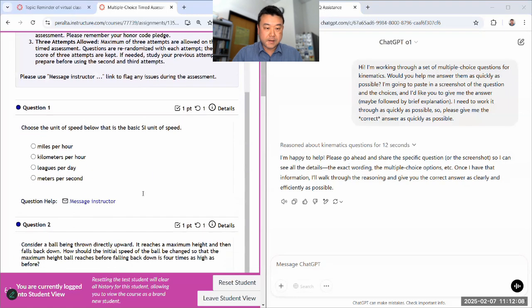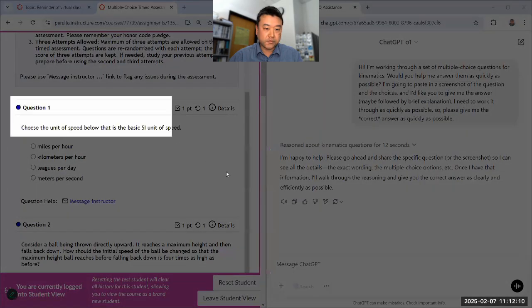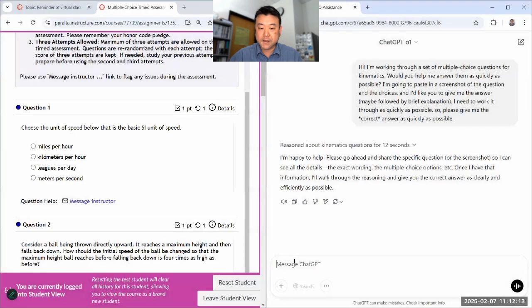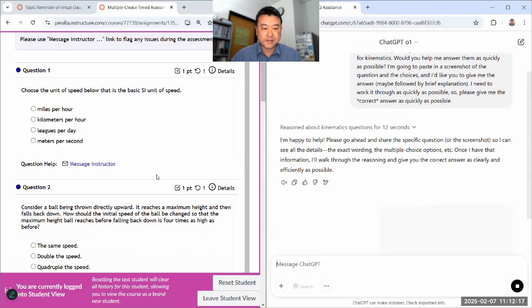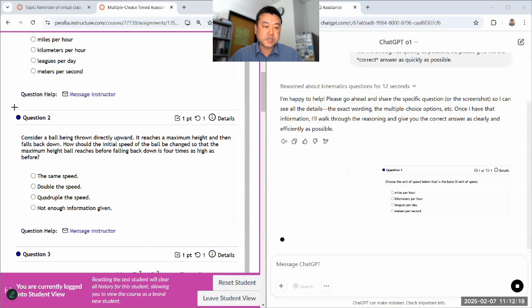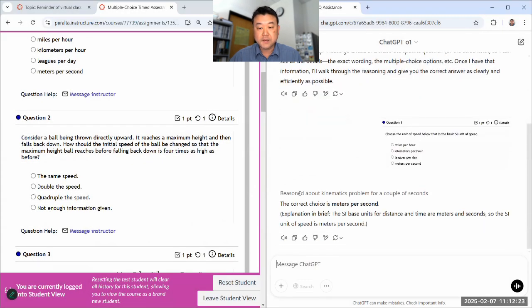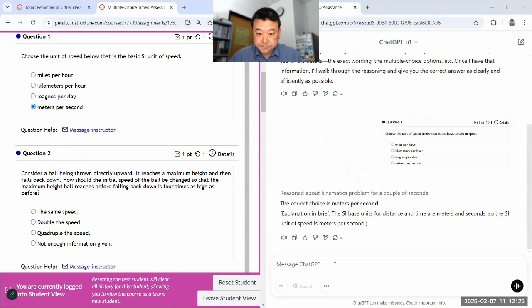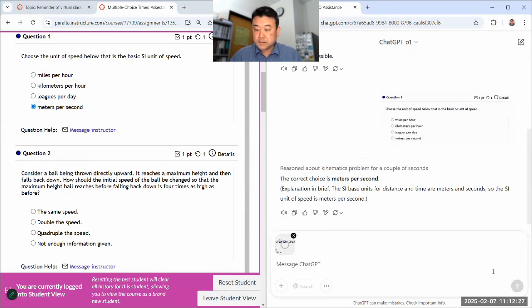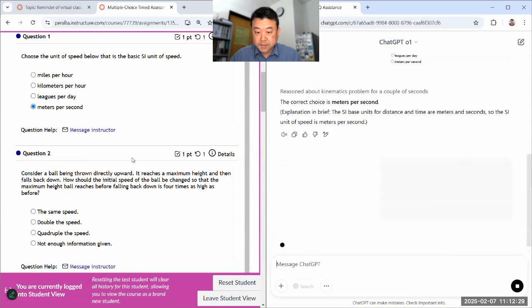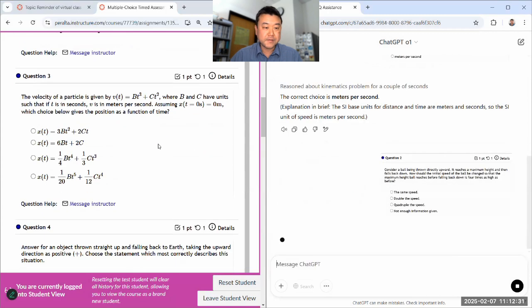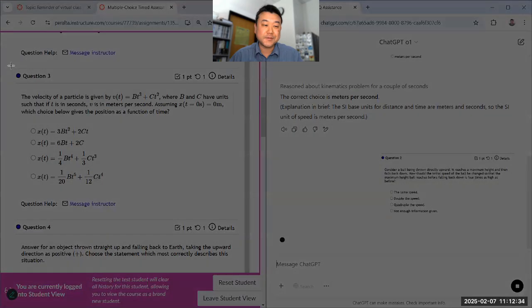All right. And just to be clear, during this, I'm basically turning my physics brain off. So I'm not really thinking about whether ChatGPT's answer is correct or not. I'm just focusing on copying and pasting, and doing this as quickly as possible so that my competition against ChatGPT is fair.